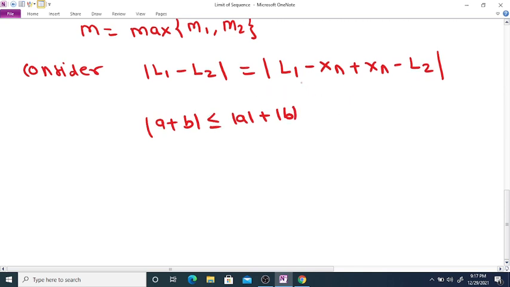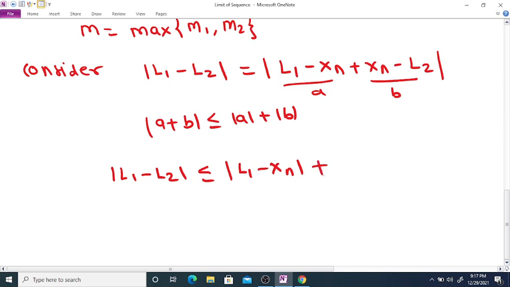If we consider L1 minus x_n as a and x_n minus L2 as b, then mod of L1 minus L2 is less than or equal to mod of L1 minus x_n plus mod of x_n minus L2.